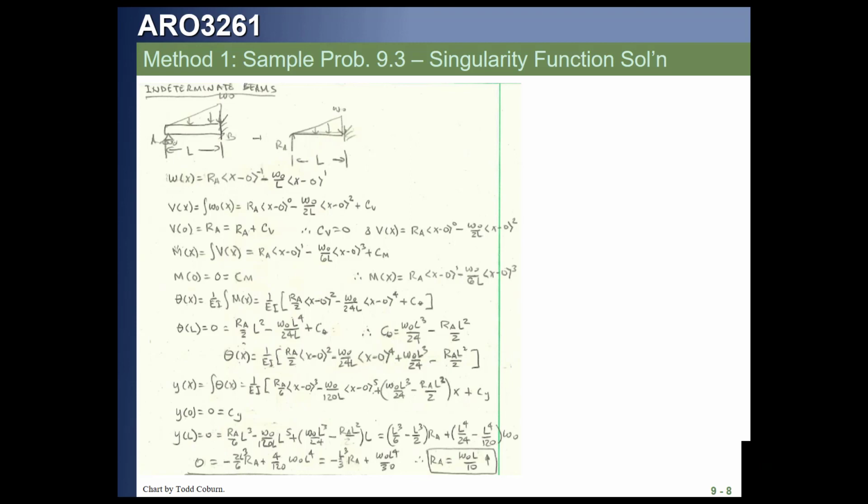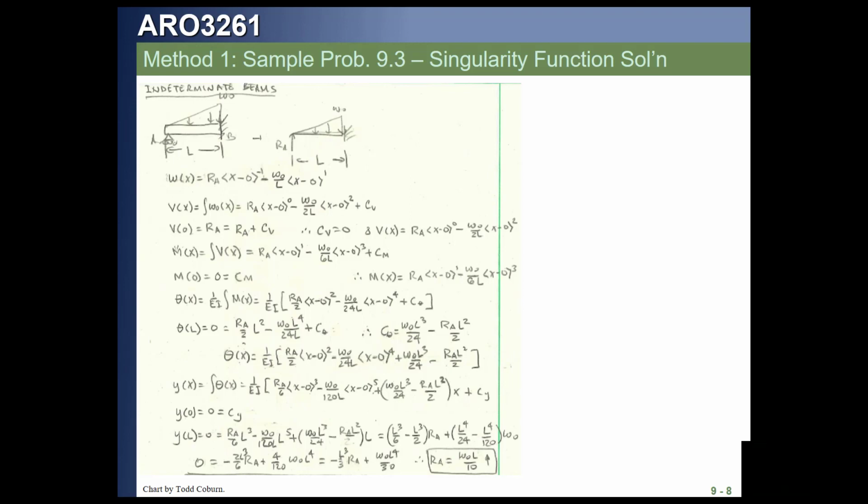We then integrate that again, this time dividing by EI, and we get the next term. We now have a 1 over EI term. We put everything else in brackets. We see the 1 coefficient goes to 2 and drops a 2 into the denominator. The 3 coefficient goes to 4 and drops a 4 into the denominator. And we have a coefficient of integration, which we're calling C theta.